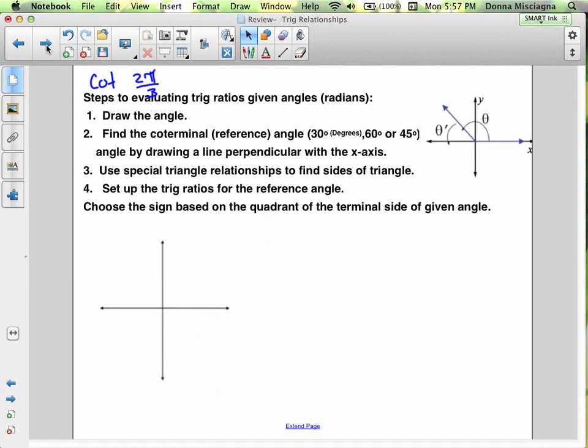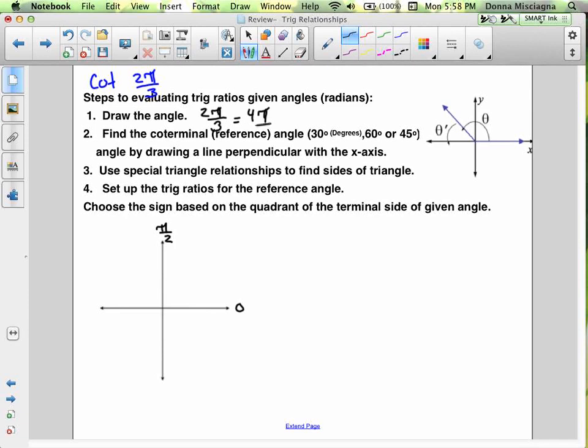All right, so our angle this time is in radians. There's 0 radians. Pi halves. Now, it may be hard for you to figure out where the angle goes. Maybe not, because it's only 2/3. But if you have trouble thinking of the angle, 2 pi thirds is the same as 4 pi 6.